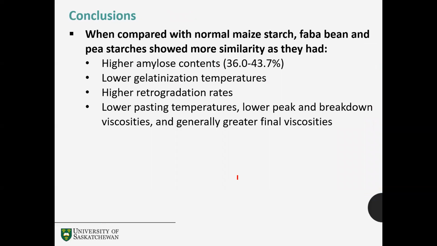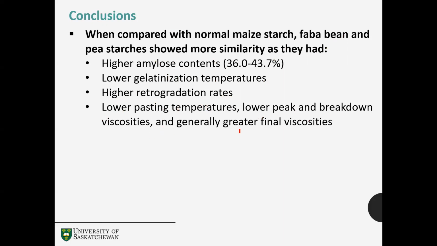Here comes our conclusion from this study. Compared with the normal maize starch, faba bean and pea starches, because they are all pulse starches, show more similarity. For example, they had higher amylose content, lower gelatinization temperature, and also higher retrogradation rates. And the pulse starches show lower pasting temperature, lower peak viscosity, and breakdown viscosity.